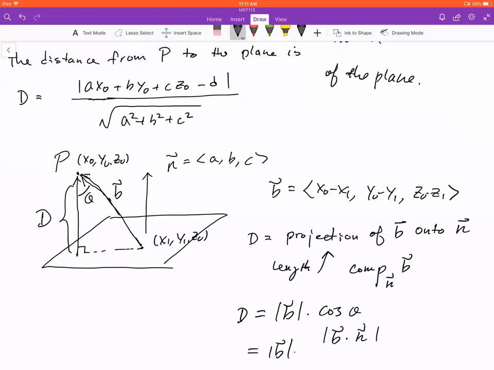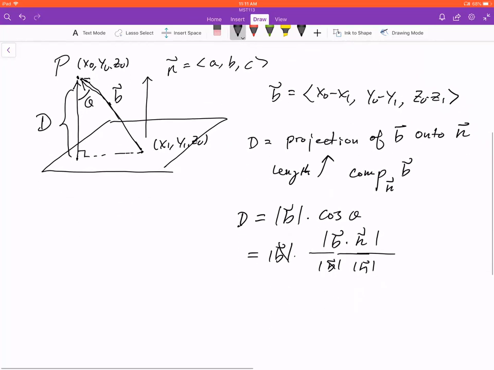The length of B cancels, so we end up with the distance formula: d is the dot product of B and n, the normal vector of the plane, divided by the normal vector's length.